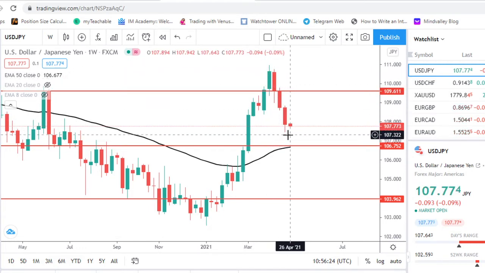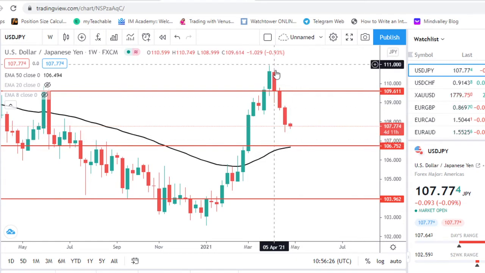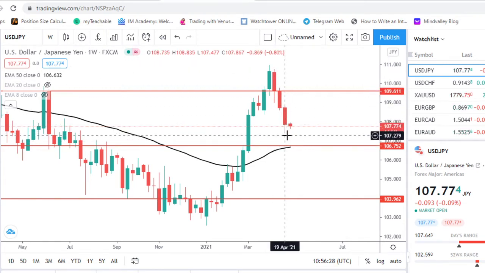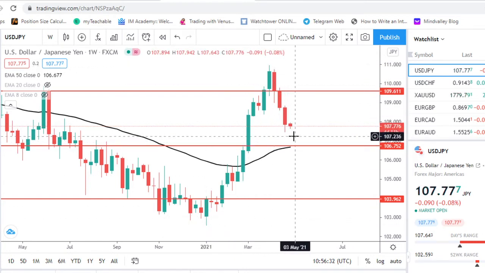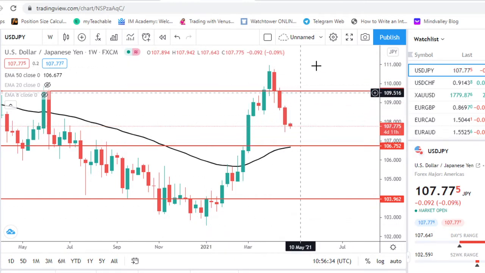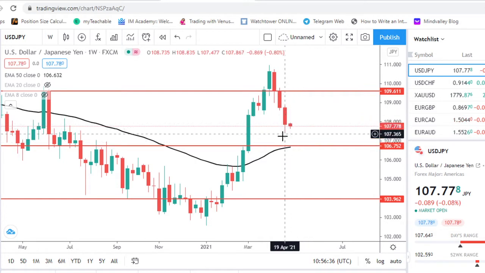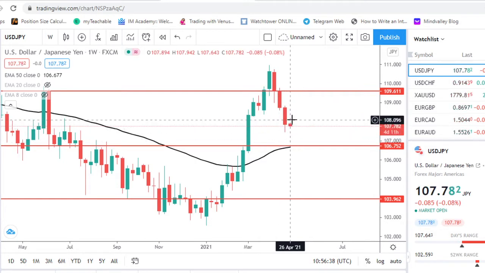It has retraced all the way to this area, like it has done some 30-something percent retracement, and now it may continue its way up. So my bias is bullish neutral for USD JPY. More bullish, I'm looking more to get some bullish push for this.